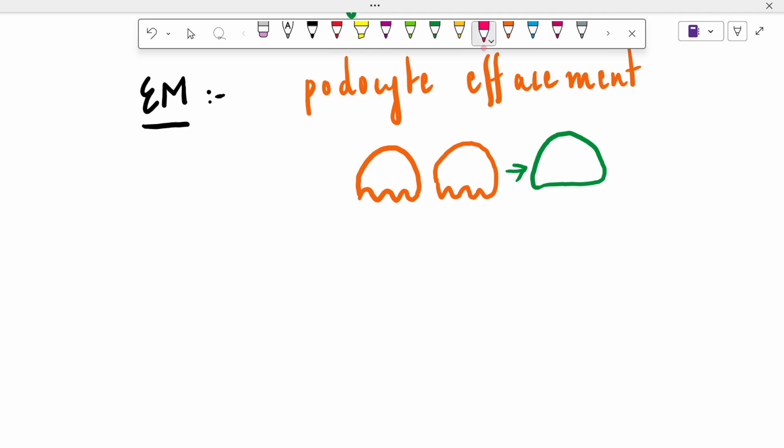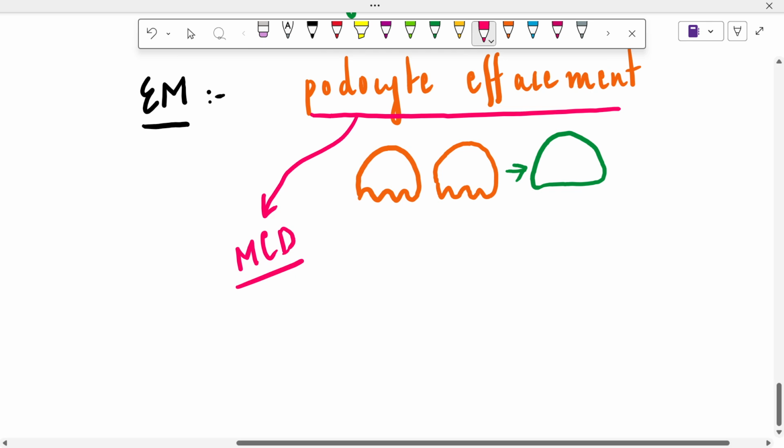Podocyte effacement. But this finding, podocyte effacement, is also very clinically important in minimal change disease. Minimal change disease affects mostly pediatrics, children. So what is the difference? In the exam, when you see podocyte effacement, you can think of both FSGS and minimal change disease. But what is the difference?